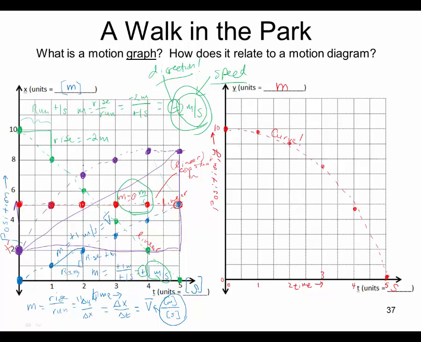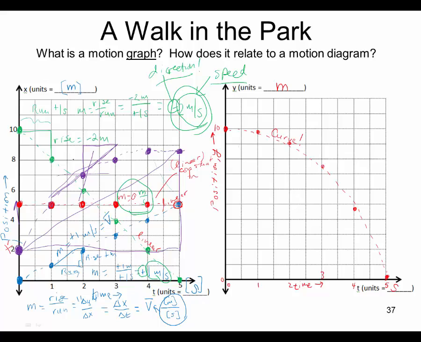Or I could take any one of these points and say, all right, what's the slope at this point in the middle here? Well, the slope isn't this, and the slope isn't that. It's somewhere between. It's along here. And of course, it'd be nice if I had a ruler I could use. What we could do is take a ruler and balance it on this curve. When we balance it so it's evenly spaced on the left and the right side of this point, we could draw a line and then draw a slope triangle around it.